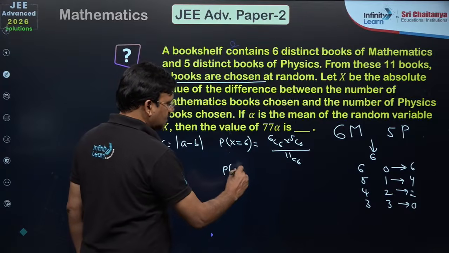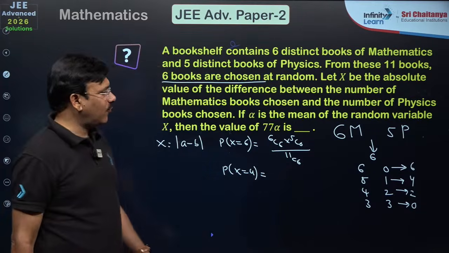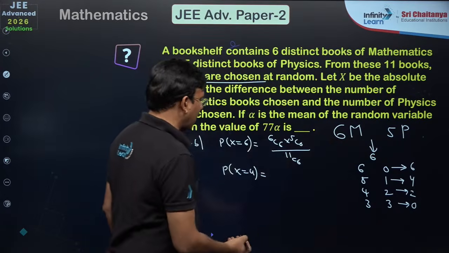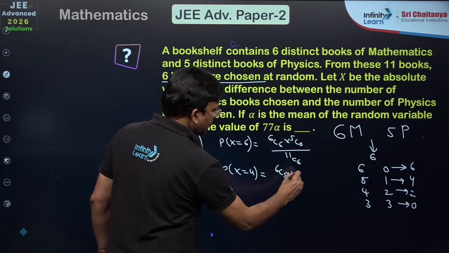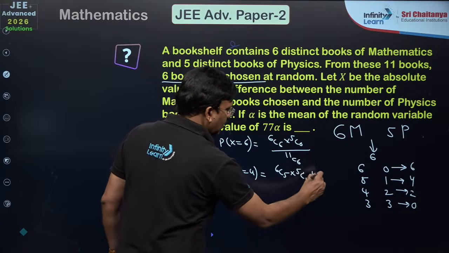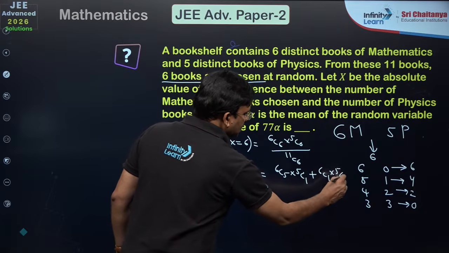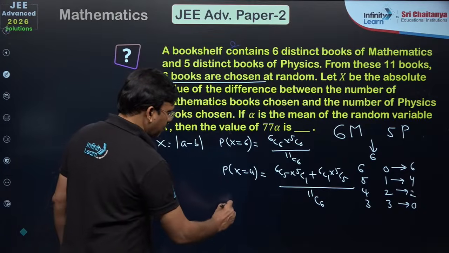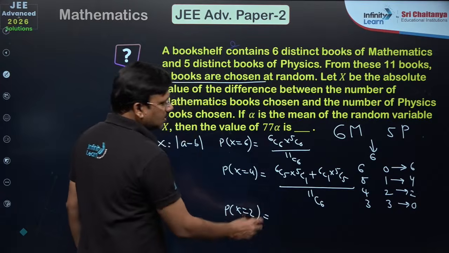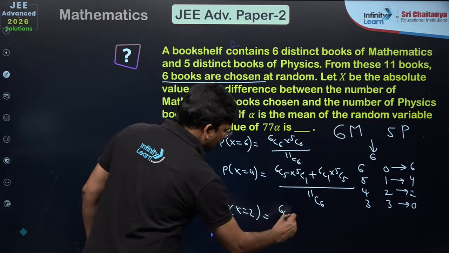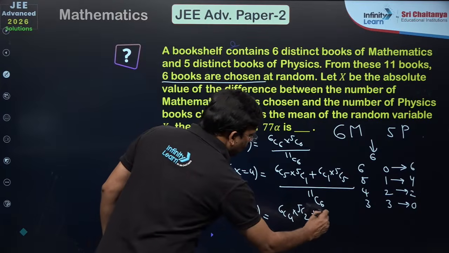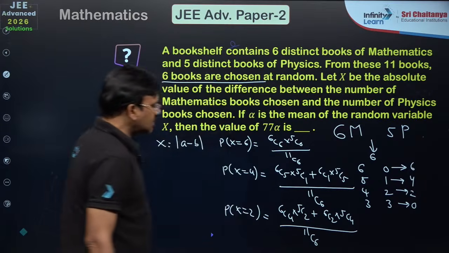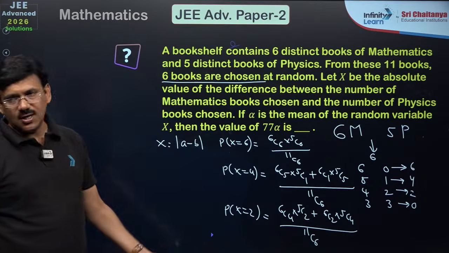Suppose P of X is equal to 4, that means difference must be 4. So here 5, here 1, or here 1, here 5, 2 possibilities, which is 6C5 into 5C1 or 6C1 into 5C5, both the cases, by 11C6, right? Similarly, P of X is equal to 2 means here 4, here 2, 6C4 into 5C2 or 6C2 into 5C4 by 11C6. Similarly, P of X is equal to 0 means 3, 3 only.